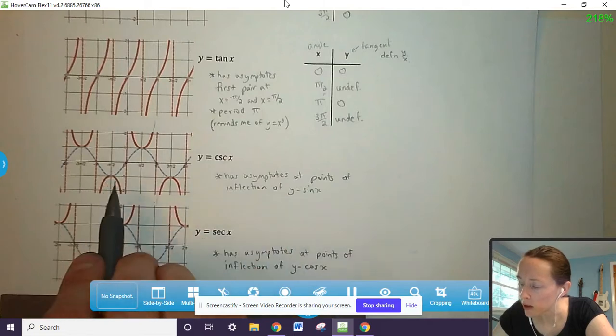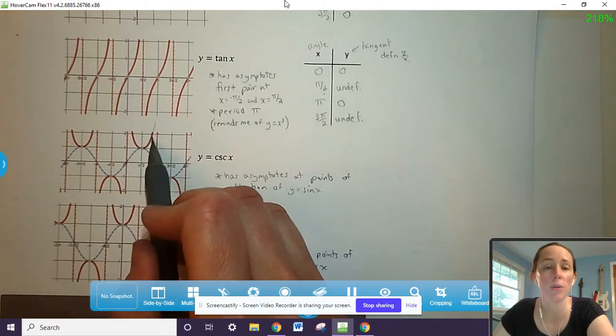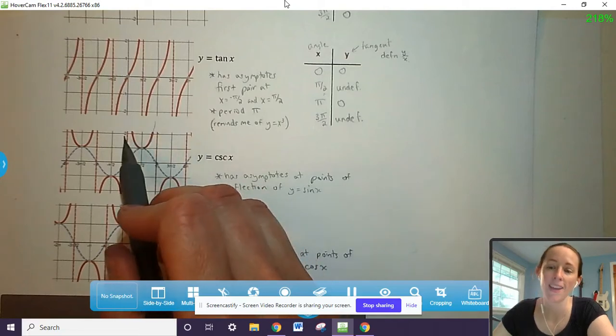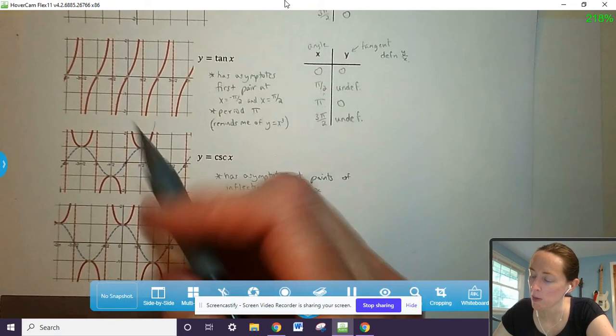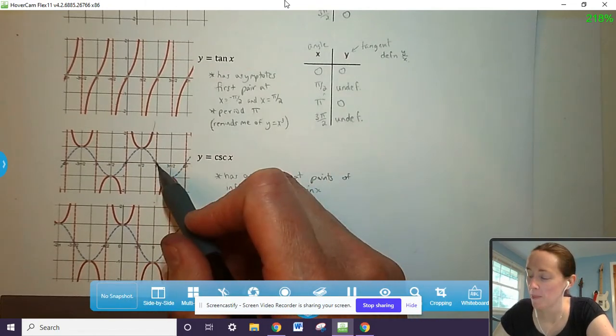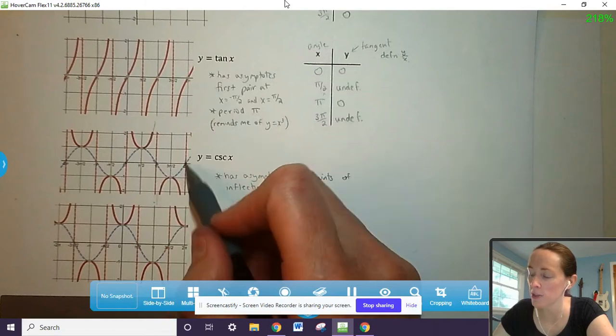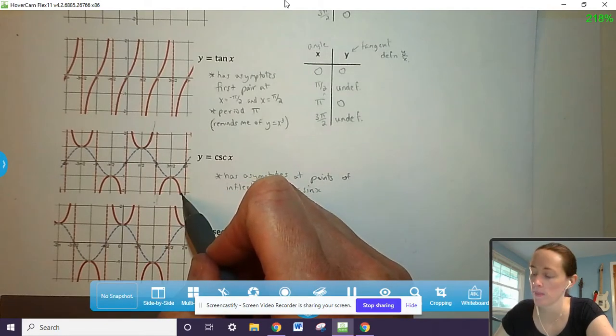And anywhere where sine has a maximum, cosecant's going to have a U-shaped curve that opens up, approaching the asymptotes. They're not technically parabolas, so that's why I don't call them parabolas. Wherever sine has a valley, there's going to be a U-shaped curve that opens down for cosecant, approaching those asymptotes.